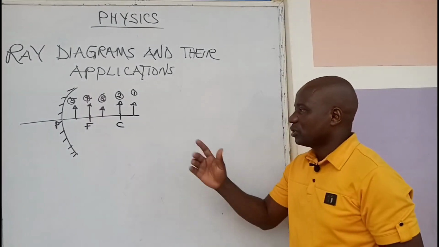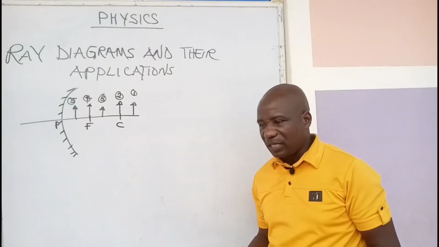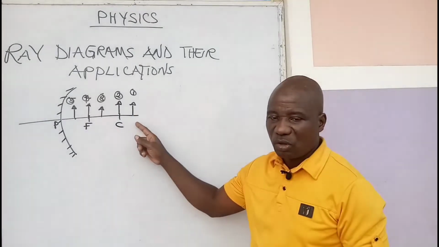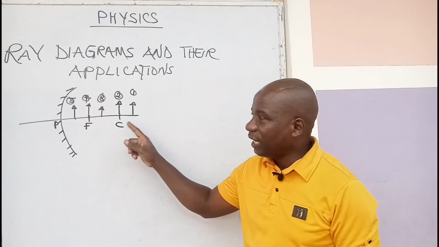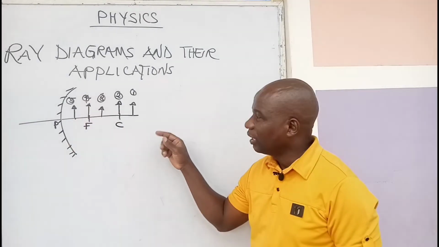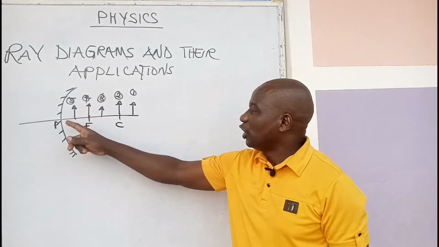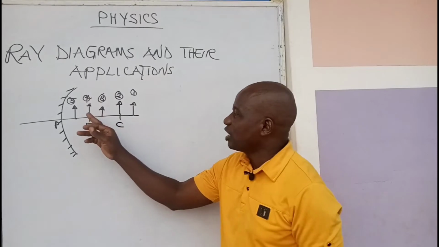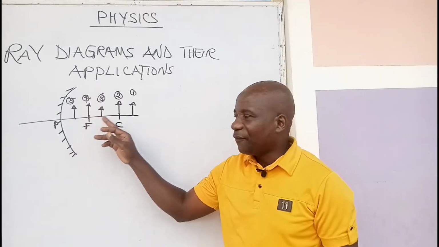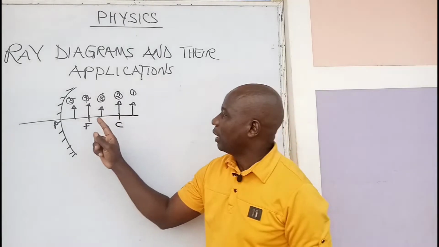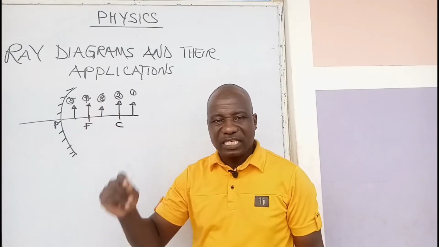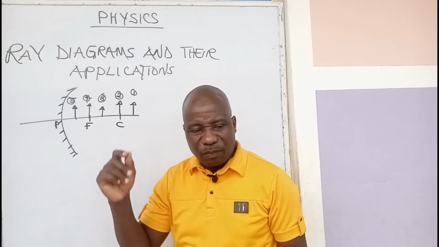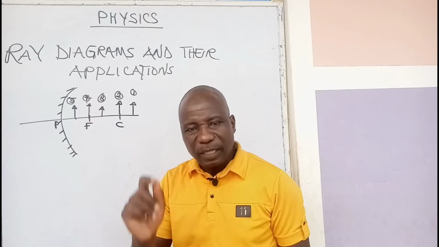Now, let us see. What if they ask me to describe this? It means the object is placed beyond C. That is number 1. 2, if I want to describe, the object is placed at C. 3, the object is placed between F and C. The 4th, the object is placed at principal focus, F. The 5th one, the object is placed between the pole and the principal focus.